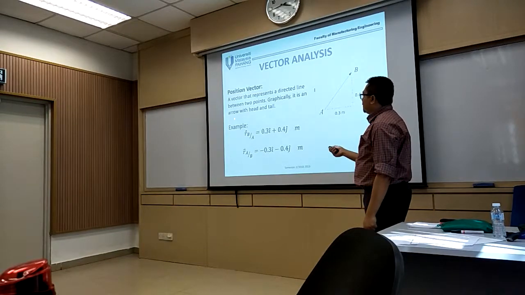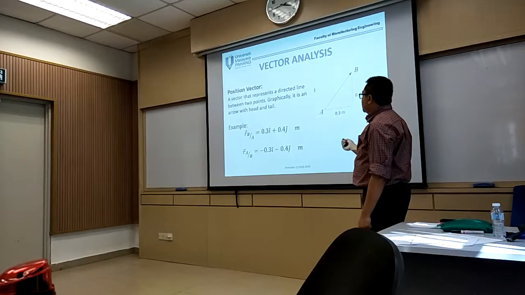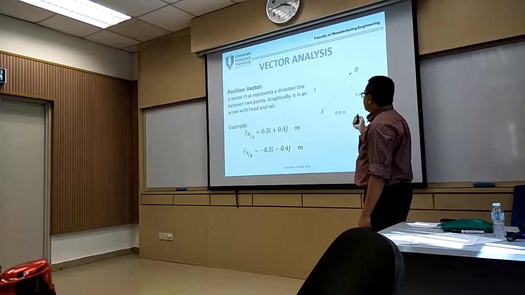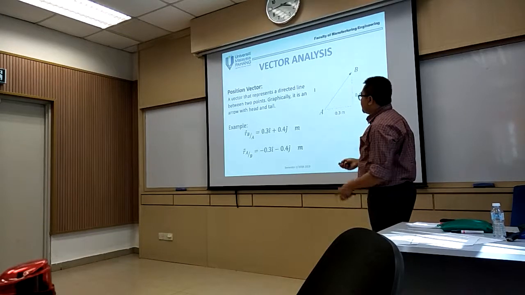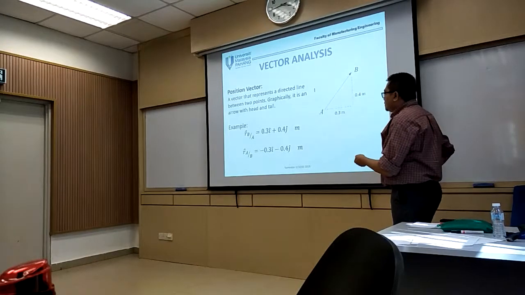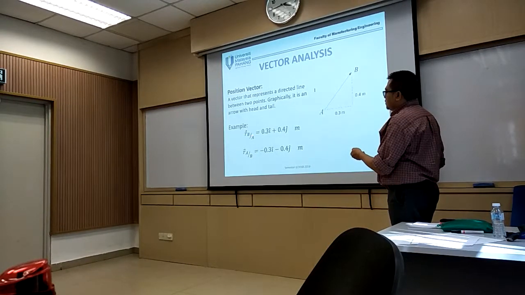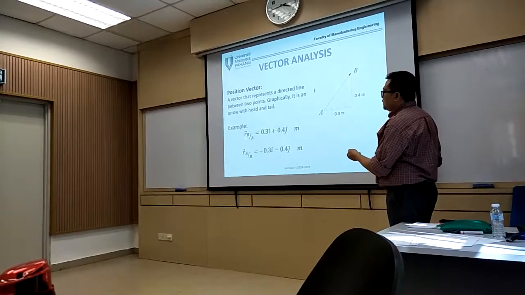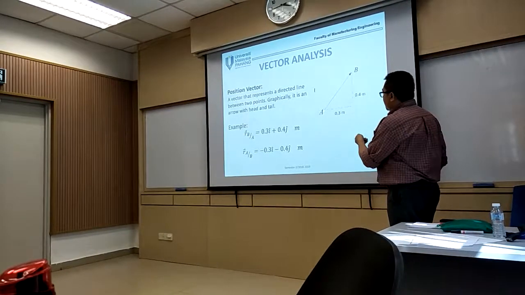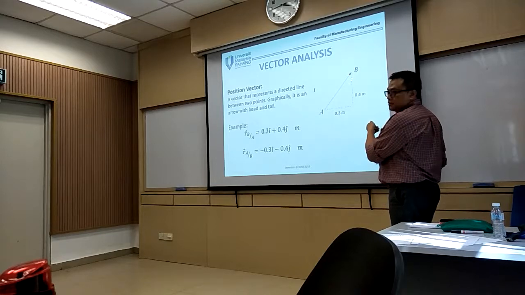Graphically it is an arrow with head and tail. So the position vector shows the value and the direction between two points. For example, this is position vector r, basically from A to B.